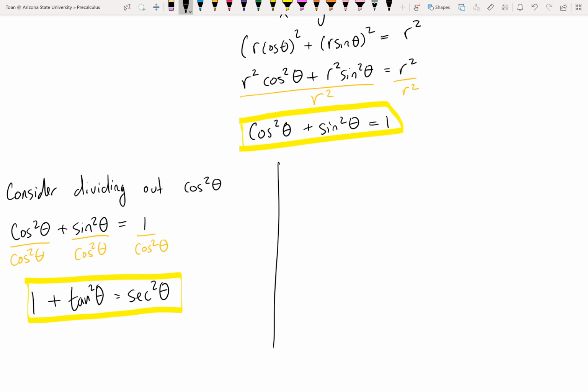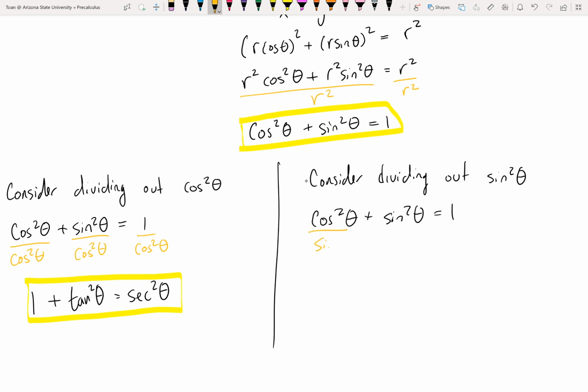And we can create the last one simply by considering not dividing by cosine squared, but instead dividing out a sine squared. So you take the same original Pythagorean identity, cosine squared plus sine squared theta equals 1, and then instead just divide out a sine squared.